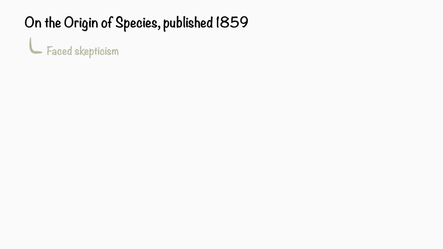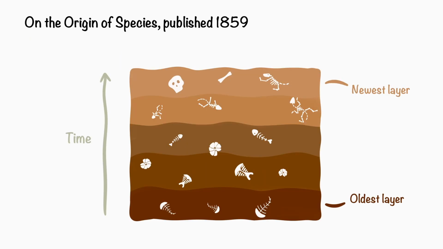Multiple lines of evidence support evolution by natural selection, though Darwin initially faced skepticism. When On the Origin of Species was published in 1859, the supporting evidence was less comprehensive than today. The fossil record provides compelling evidence for evolution.